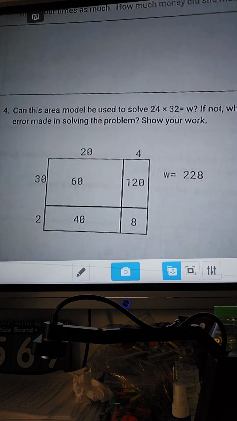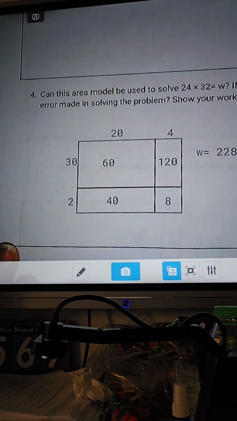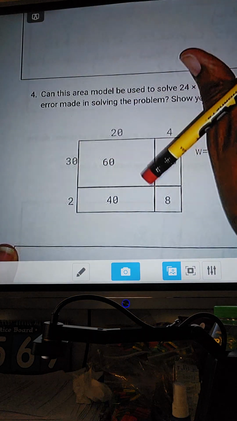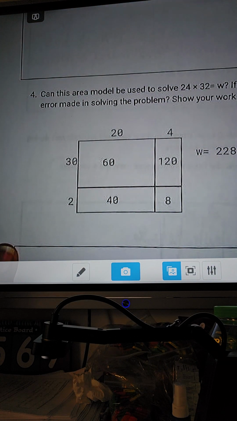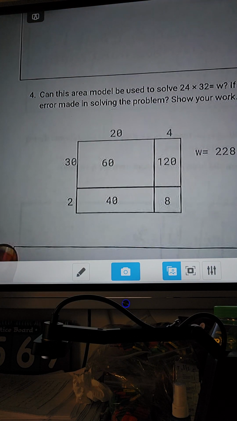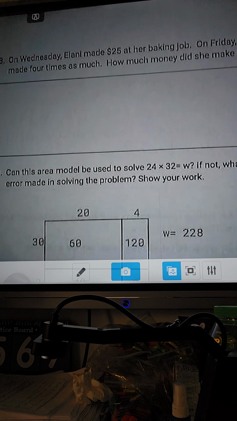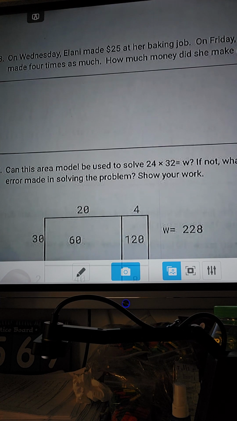Number 3. On Wednesday, Elani made $25 at her baking job. On Friday, Elani made 4 times as much.